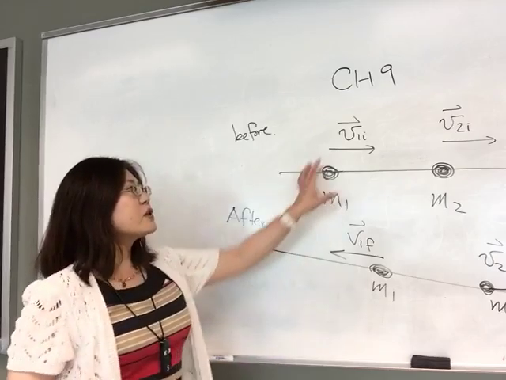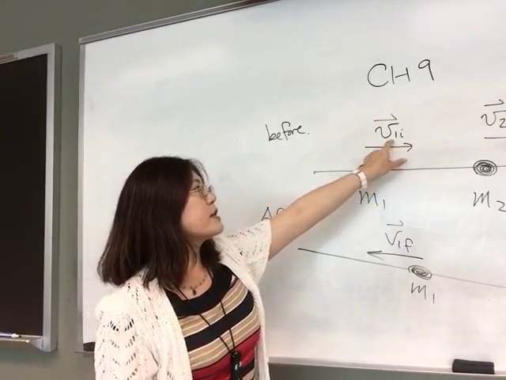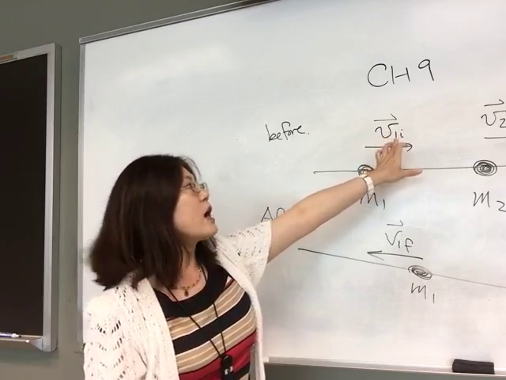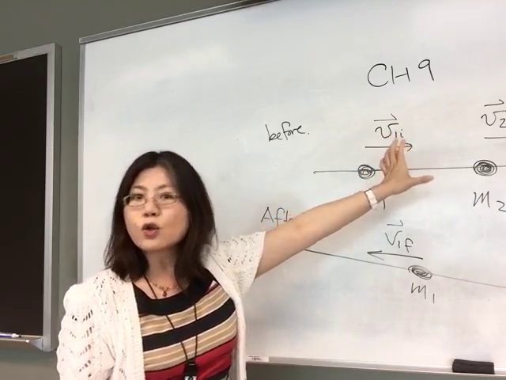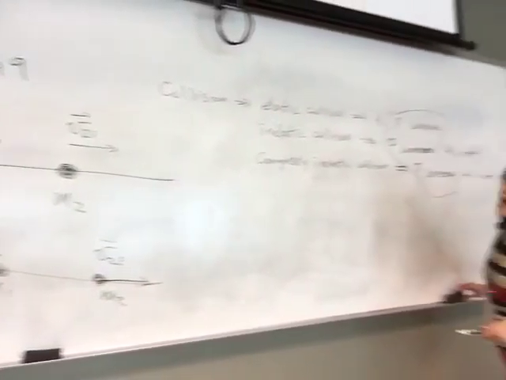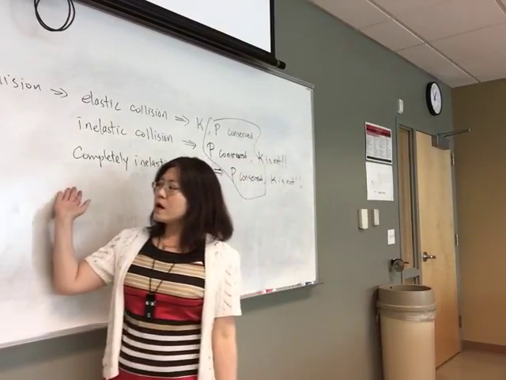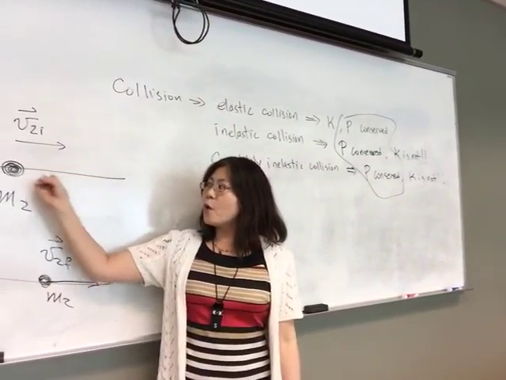You can see that you really have to use two subscripts. One is for which particle, and the other indicates whether it's initial or after collision. So in this case you have two particles. They're all moving rightward before collision.